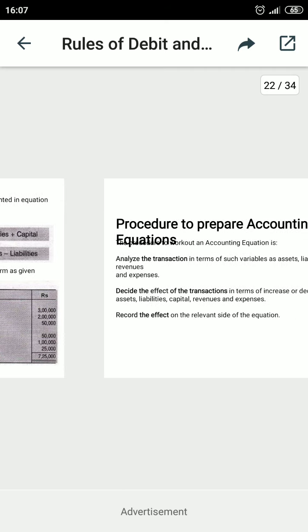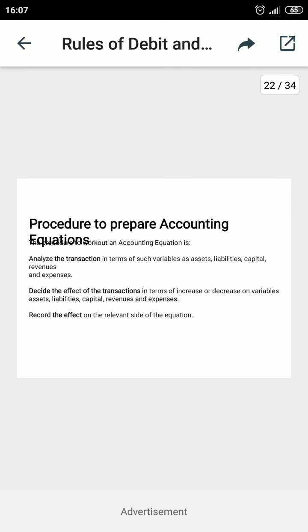Now the procedures to be followed. First of all, the student should analyze the transactions and then categorize them into assets, liabilities, capital, revenue and expenses. If an asset is increasing or decreasing, show it on the asset side.